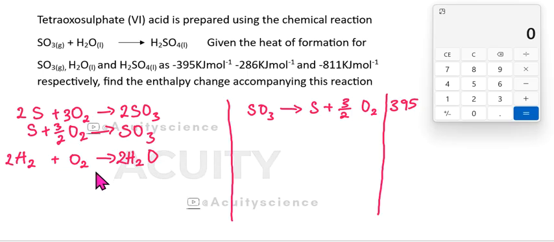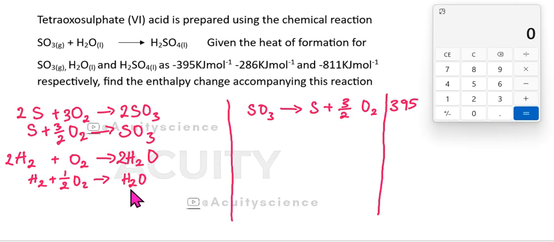Having done this, we also need 1 mole, but we have 2, so we must divide downwards. When we divide by 2, we have 1, 1 over 2 of oxygen, and H2O.